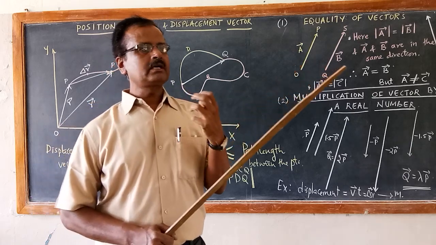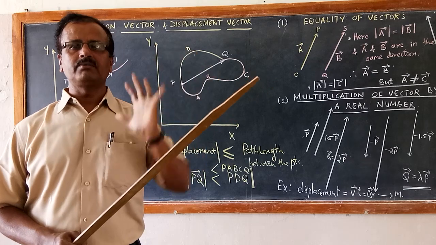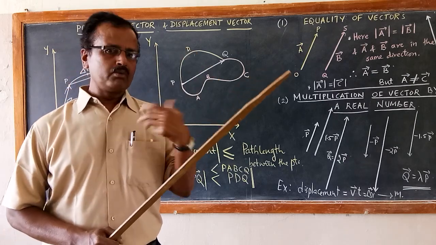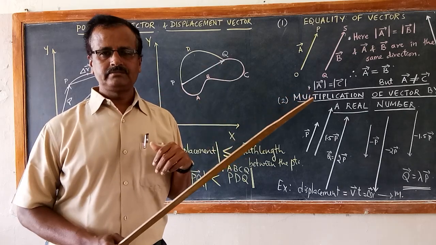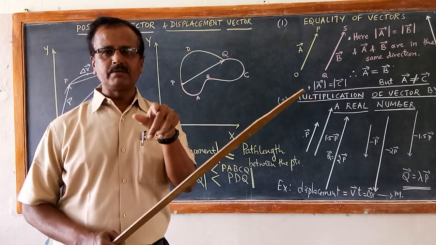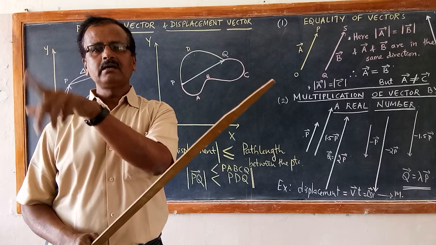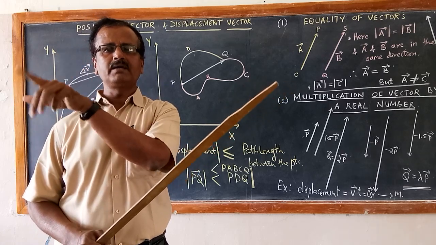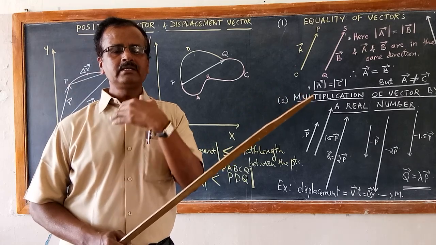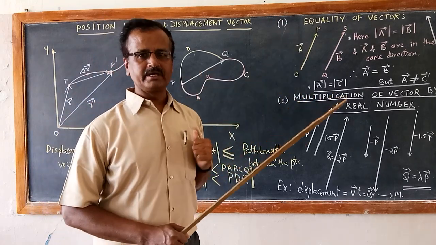Suppose a car is moving with 60 km/h. Now we want to know how much is the displacement of the car in half an hour. Then what we do? 60 km/h multiplied by half hour, 60 km/h multiplied by 30 minutes. We get the displacement to be 30 km.